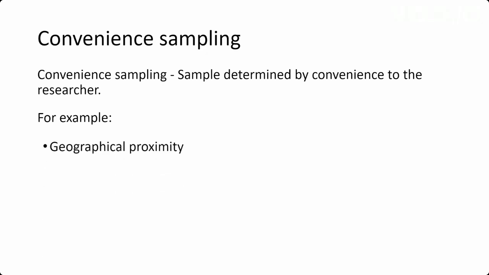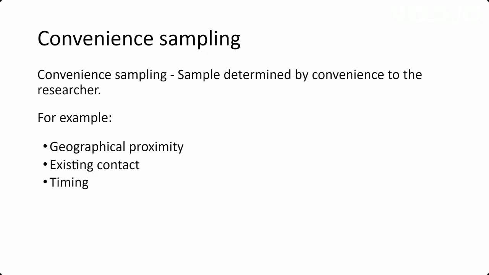This could be geographical proximity, who's near geographically, how accessible is the population to the researcher. There is also existing contacts. If they already have phone numbers of people you are interested in interviewing or interested in to help you through the research, definitely you are going to use your existing contacts.